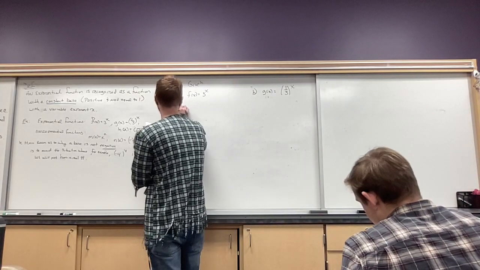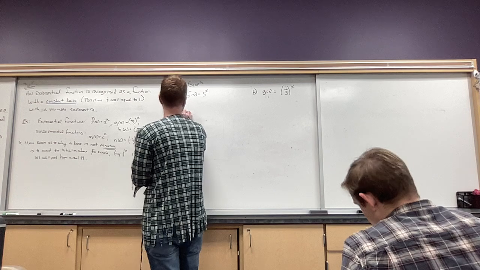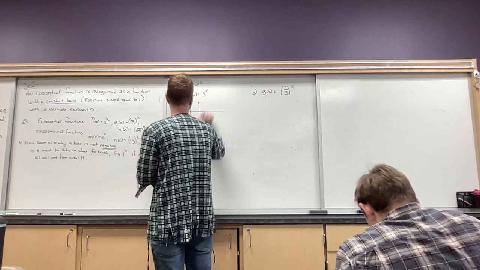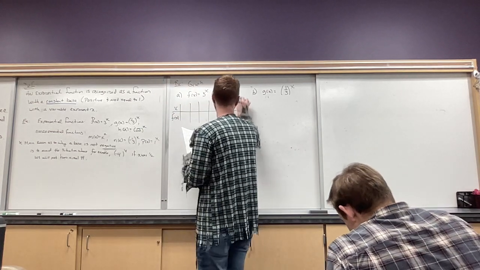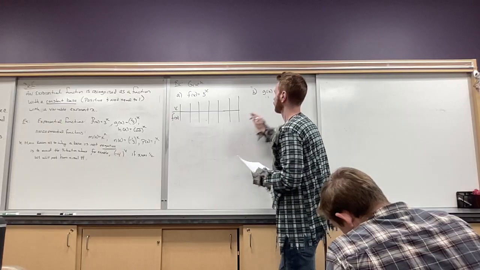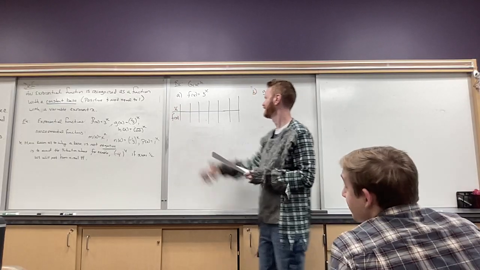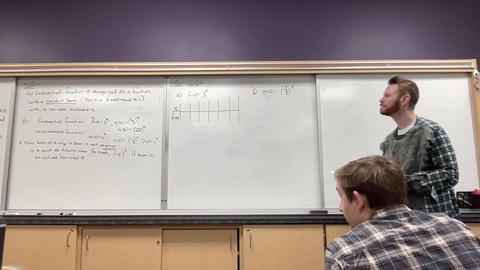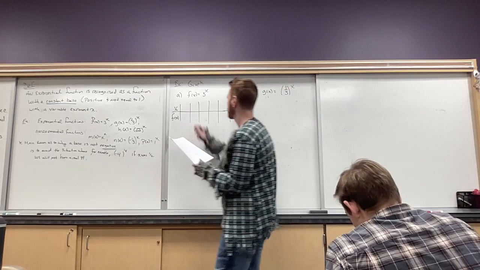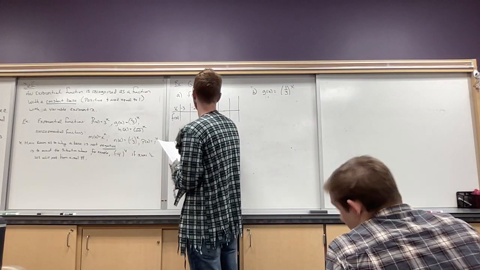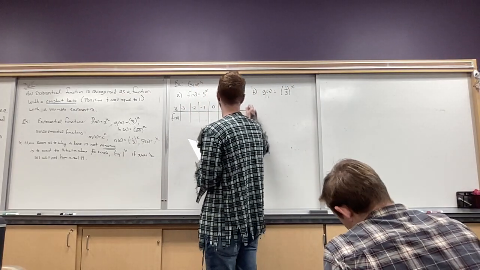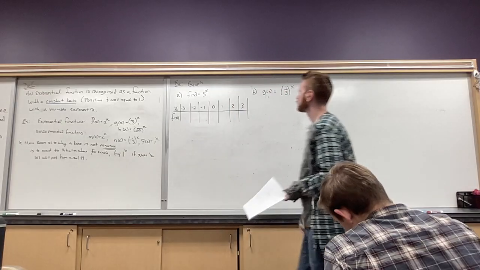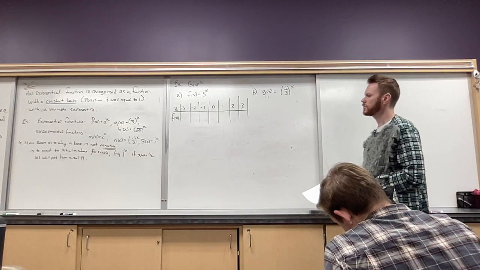So underneath here, I'm going to put a little XY table. Kind of made that too big. Oh well. And the numbers I'm going to plug in are from -3 to 3, just to save a little time.